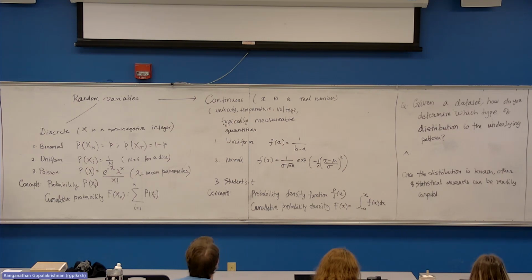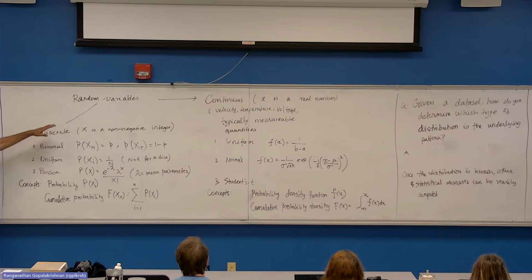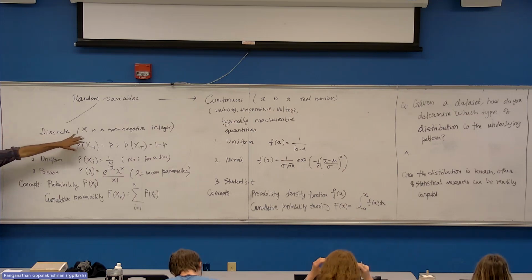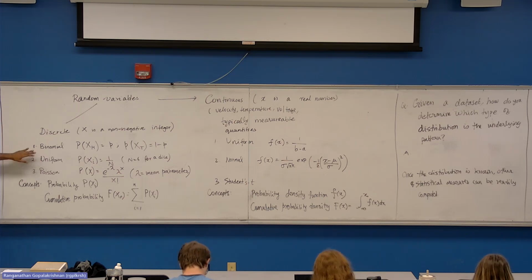So, so far, we have seen what random variables are, which can be either discrete or continuous. The last two lectures have been around discrete random variables, which are non-negative integers, so things that you can actually count. We saw the binomial distribution, which describes the outcomes in experiments where only two outcomes are possible, like head or tail, boy or girl.